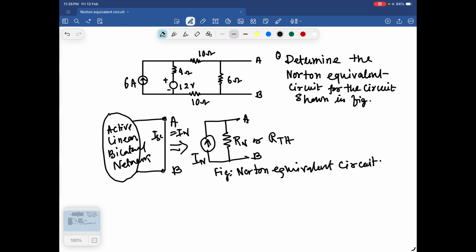So how to find out the RTH or RN? What are the steps?